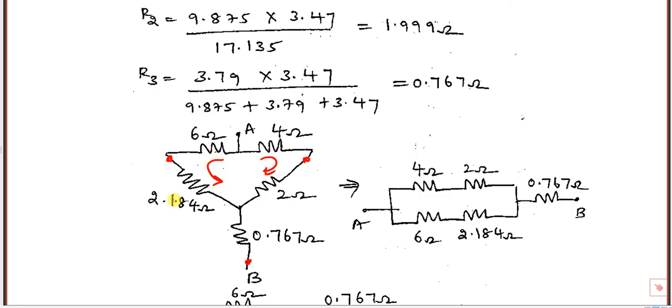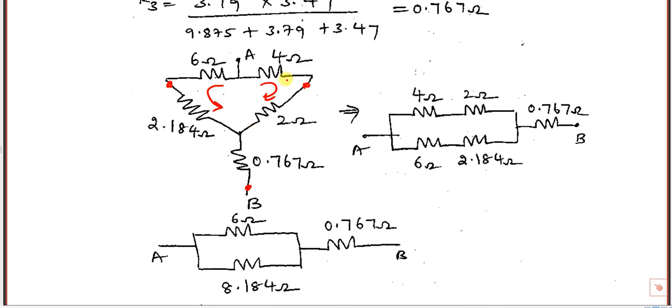These two in series is 2.2, in series with 4 plus 2 is 6. These two are in series now. 6 plus 2.18 is 8.18.